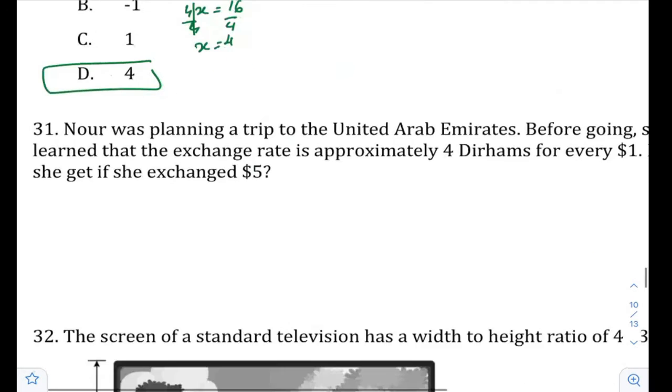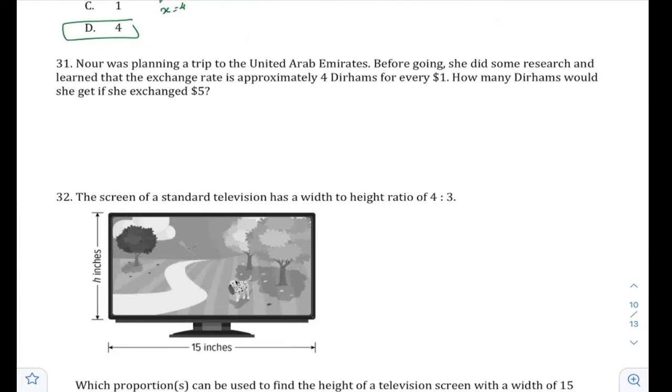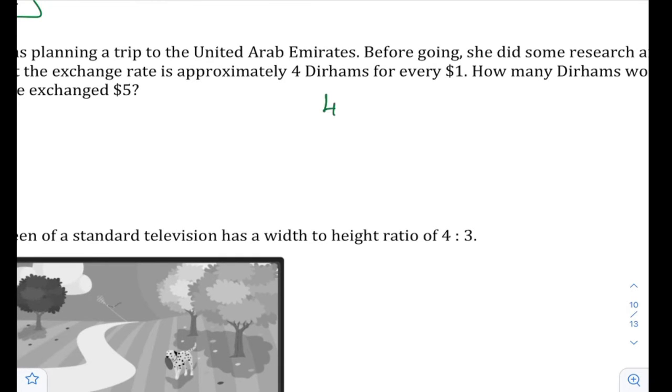Now problem solving. Noor was planning a trip to the United Arab Emirates. Before going, she did some research and learned that the exchange rate is approximately 4 dirhams for every $1. So 4 dirhams for $1. I write it this way. How many dirhams? So here is x.